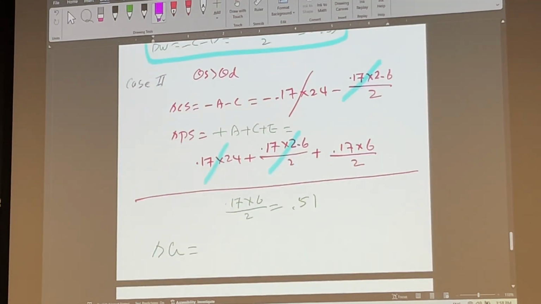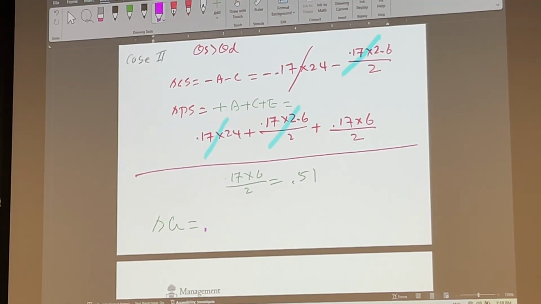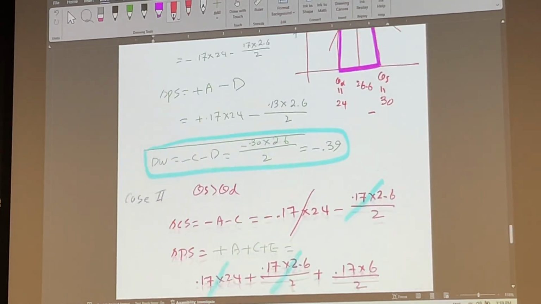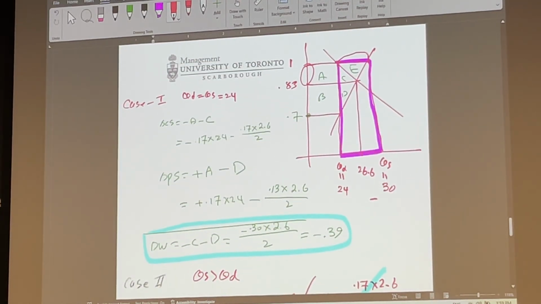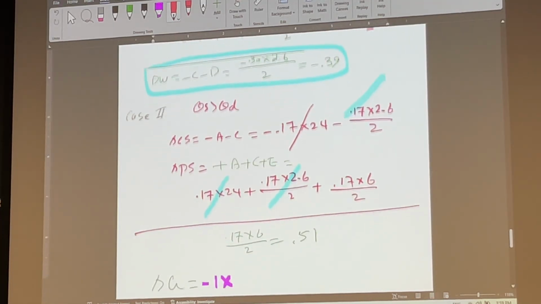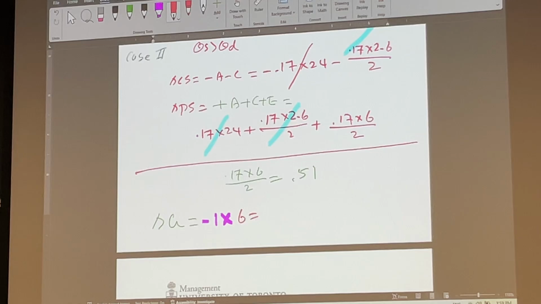So the government will pay $1 on how many units? On all the excess. They buy the excess. The excess is 6 units. That is what they buy. So deadweight loss is the sum of these two, which is 5.1.